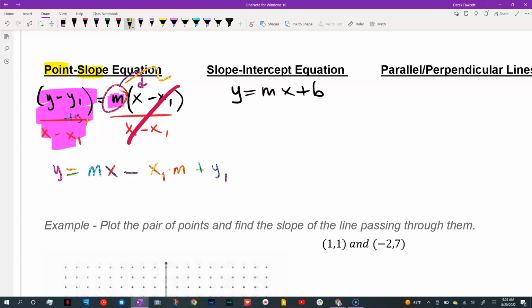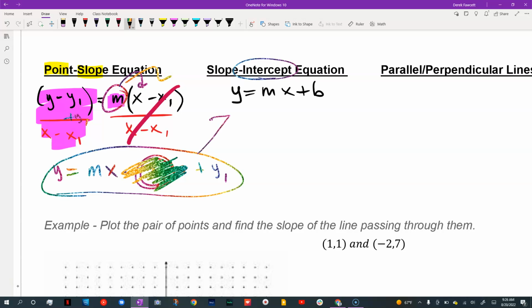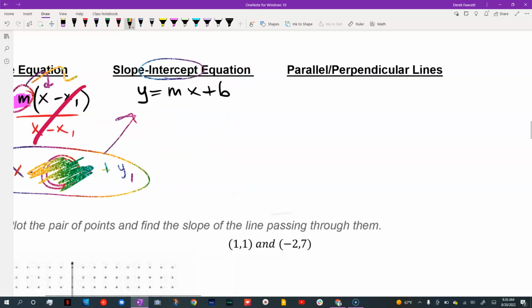But for the intercept, we know it's crossing the y-axis, so the x coordinate is always going to be 0. That cancels this out, and the point x sub 1, y sub 1 becomes 0, y sub 1, which is how this transfers to what we know as the slope-intercept equation. So it's all coming from the slope equation.